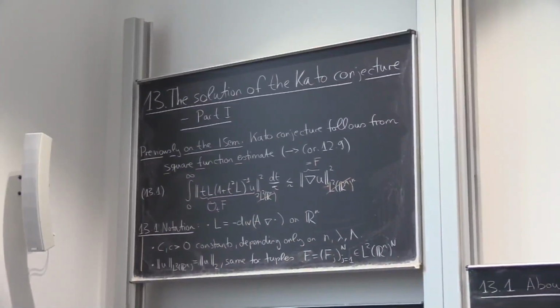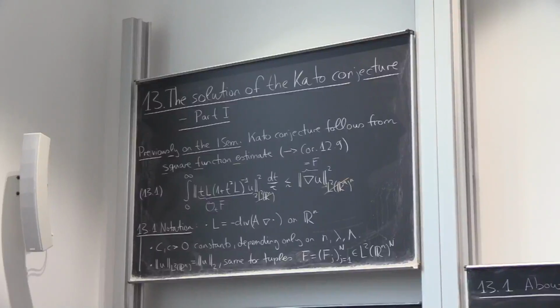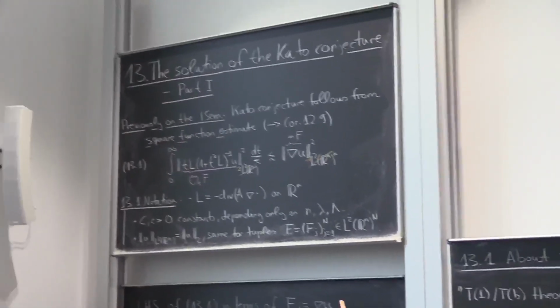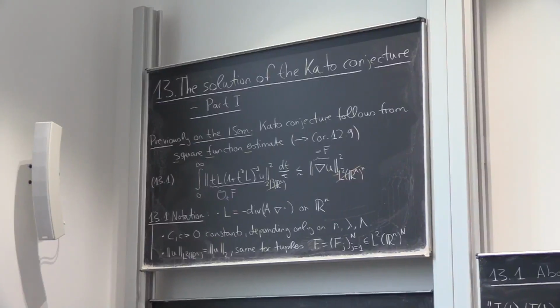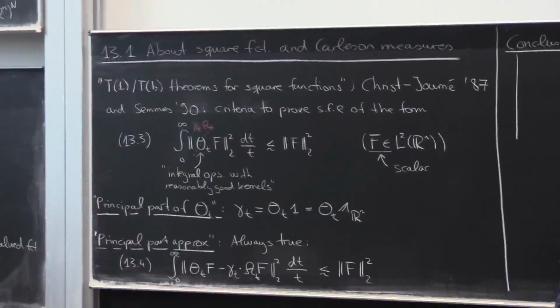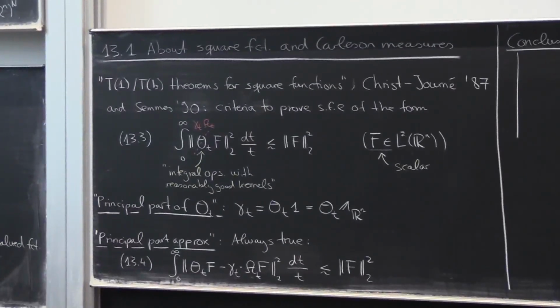Second obstruction, and that's the really severe one, is that for our thetas over there, there's absolutely no reason to believe that they are good integral operators. But nonetheless, and that's when the proof of the Kato conjecture in all dimensions really picked up speed, there was work of Auscher and Hofmann, Lacey, McIntosh and Tchamitchian in the end of the 90s, where they started developing this kind of reduction inspired by Semmes' result in the context of our operator.